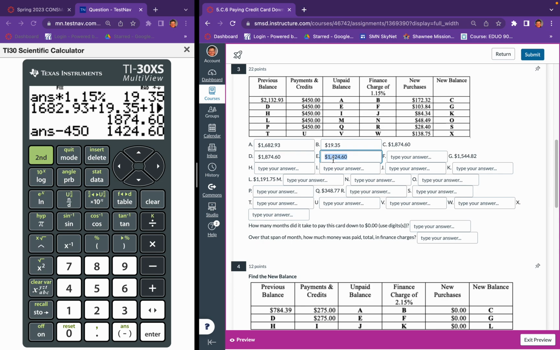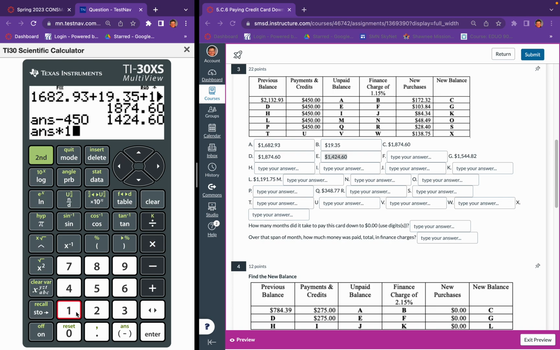Because it's not zero, we've got to multiply by our finance charge. So we're going to go times 1.15% and find out that they've charged us an additional $16.38 for not paying them off.